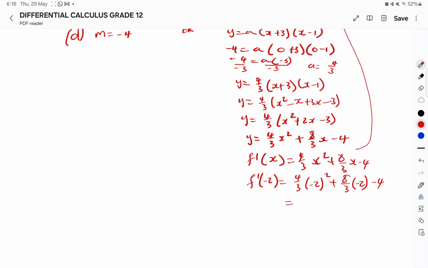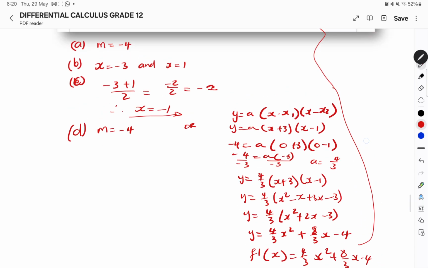This is 4 over 3 times minus 2 squared. Yeah, I get the answer as negative 4. So this is negative 4.